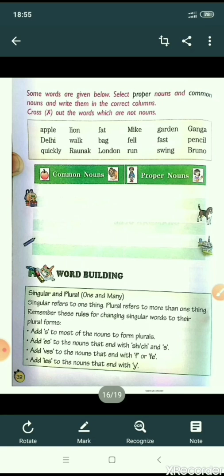But in noun form, it's a seat or a piece of rope that is hung from above so that you can move backward and forward on it. So here we will take it as a common noun, common name for all the swings. Then Bruno. Bruno is a proper noun. It's a particular name. So it will come under proper noun.